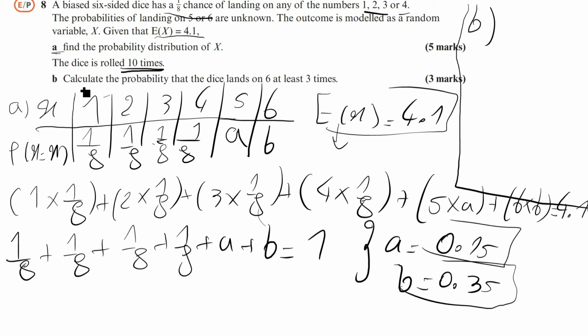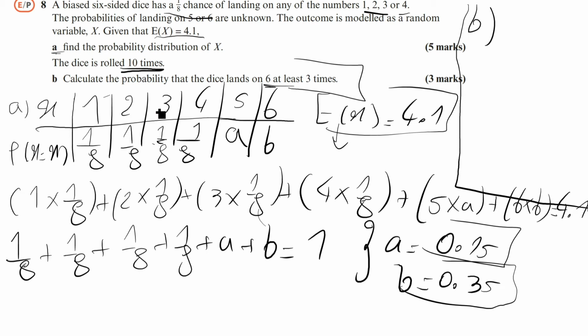Calculate the probability that the dice lands on 6 at least 3 times. If we read this question carefully, we will find out that this is a binomial distribution because we have a fixed number of trials.